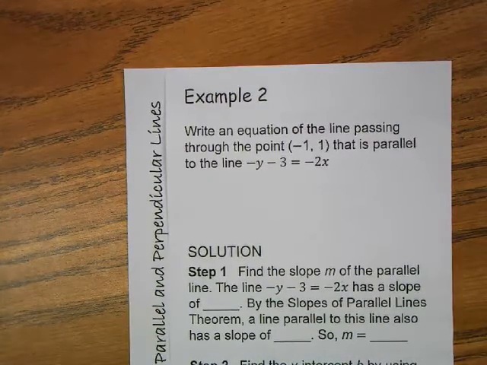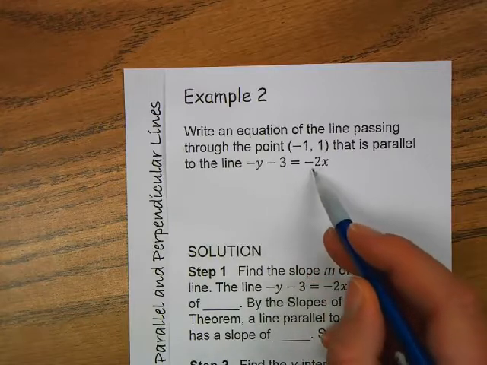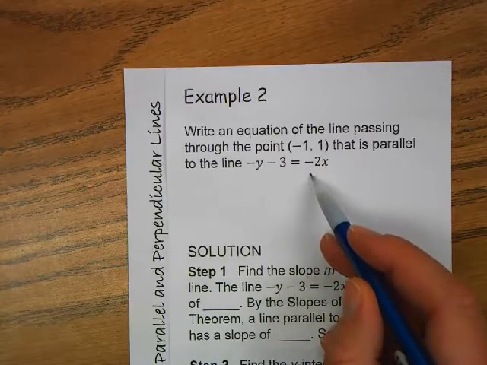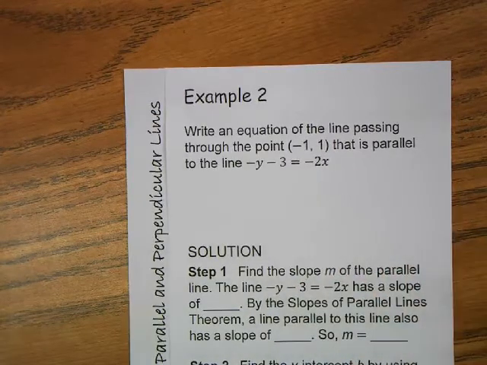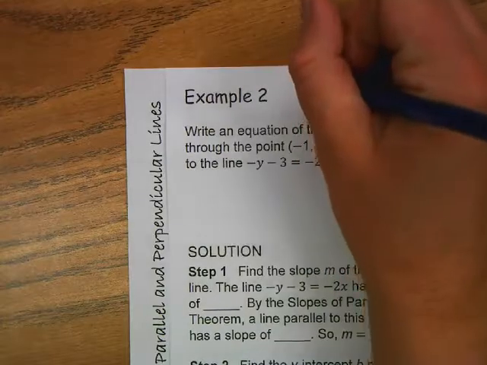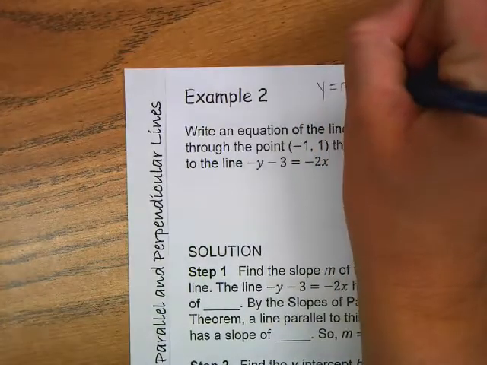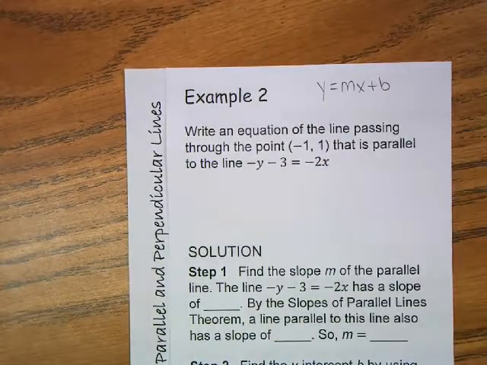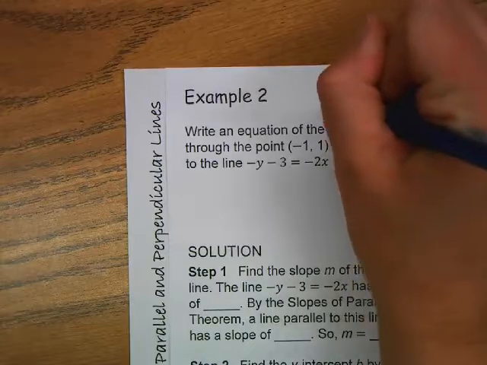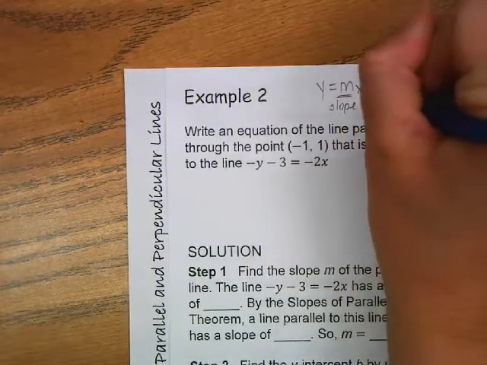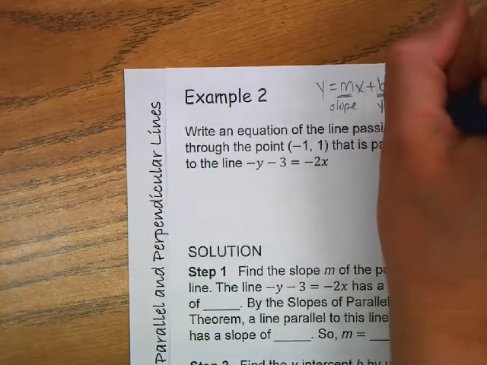So before we just assume that the slope is -2, you have to put this into slope-intercept form. So remember, slope-intercept form is y equals mx plus b, where m is your slope and b is your y-intercept.